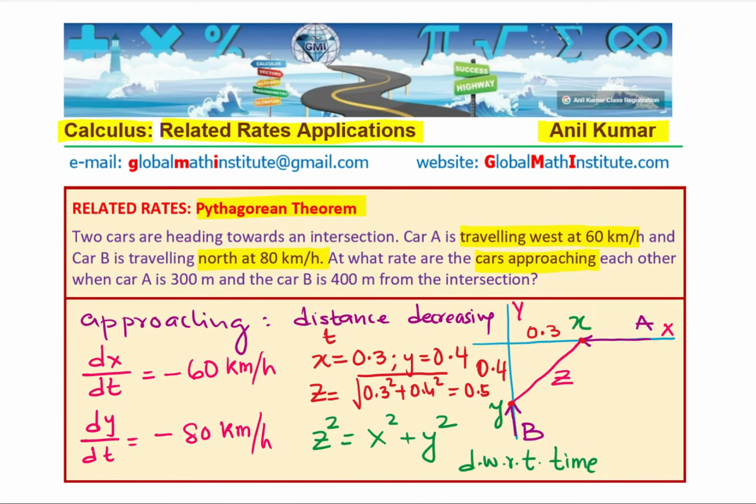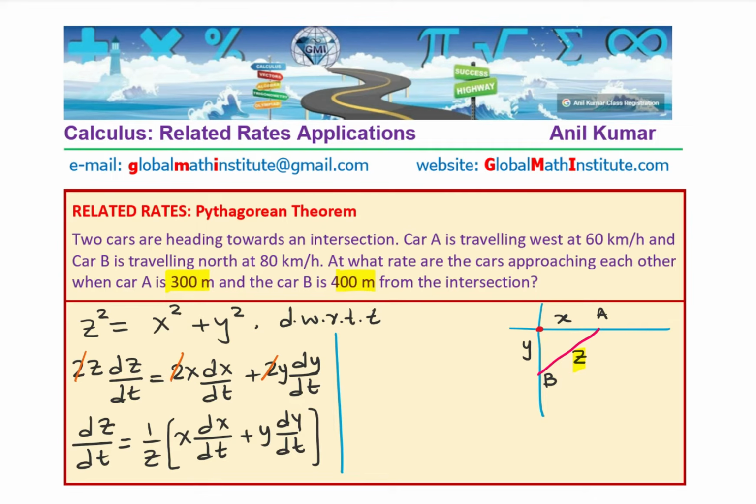So the values which we have discussed here, these are the values which you have to substitute, correct? So let's do that. So we have dz dt, separation with respect to time at t when x and y values are 0.3 and 0.4. You get the idea, right? Is 1 over 0.5, the value of z, correct?